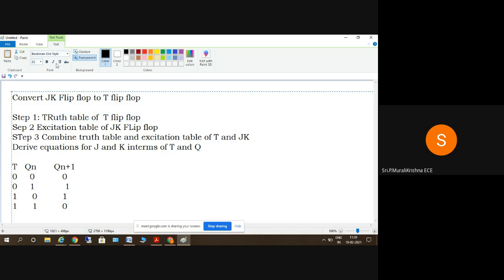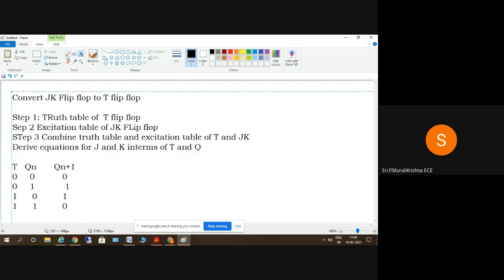Next, we need the excitation table of the JK flip-flop.